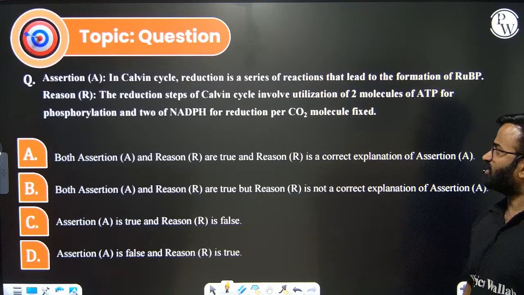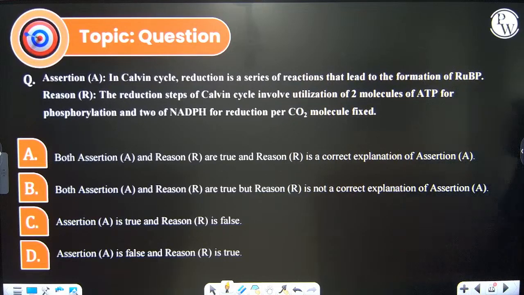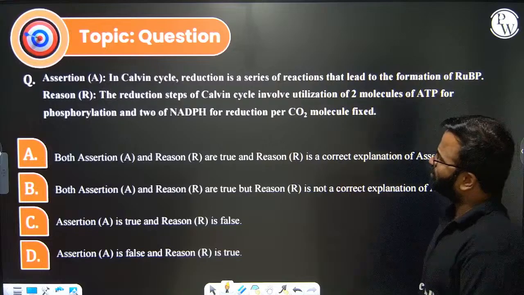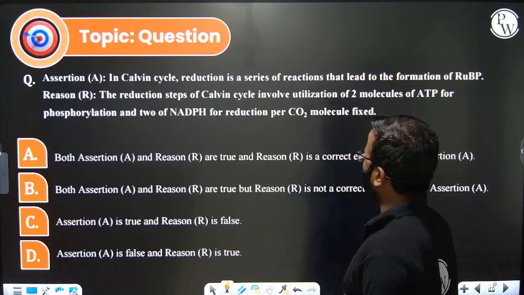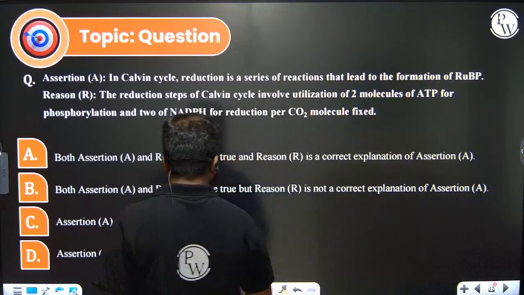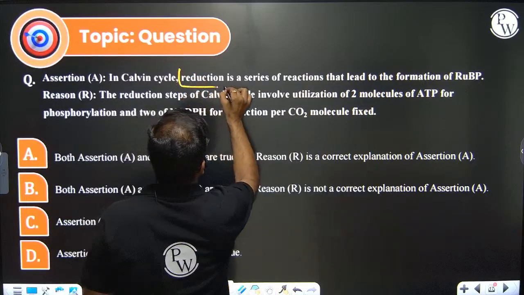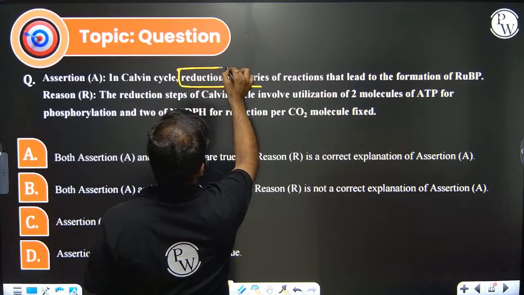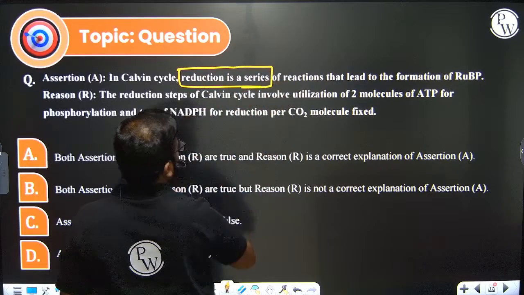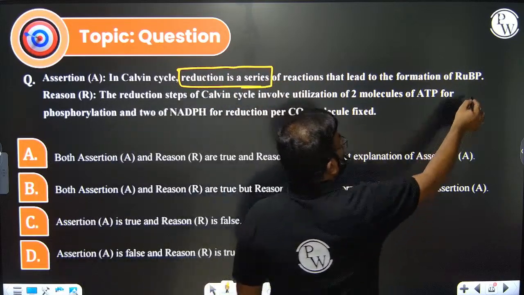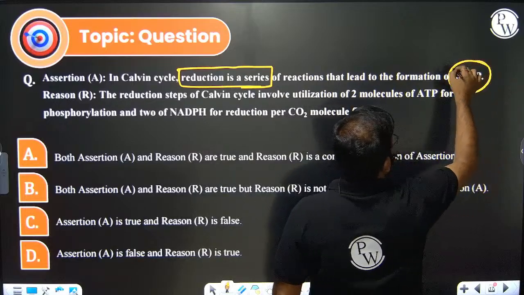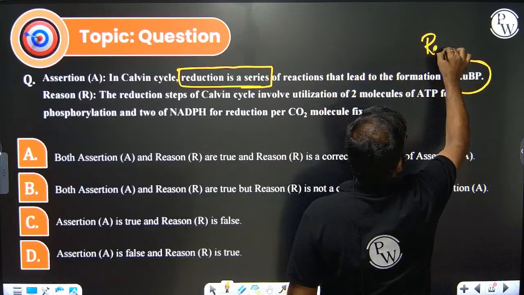In Calvin cycle, reduction is a series of reactions that led to the formation of RuBP. Let me read this once again. In Calvin cycle, reduction. He is talking about reduction.